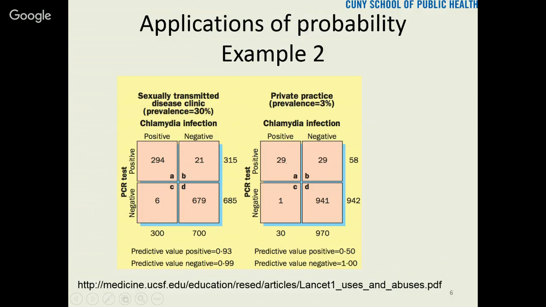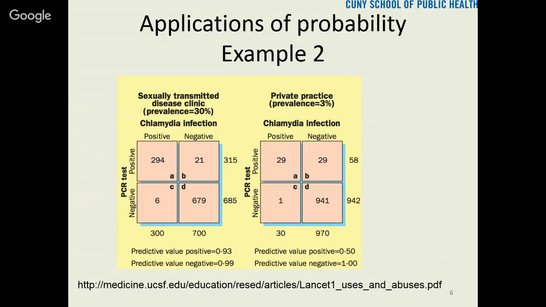And that sensitivity is the same in both clinics because it's a property of the test. So 29 out of 30, I mean, there's a little bit of rounding error here. It's a limited sample. And the specificity is the performance on the negative cases. So we look only in the negative column and see the specificity is 679 out of 700 here, or 941 out of 970. And that should be about the same in both clinics.